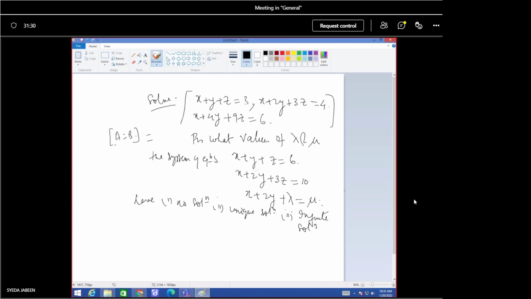So now you have to find for what value of lambda and mu you will have no solution. ये चीज find out करने के लिए you have to use the theory.